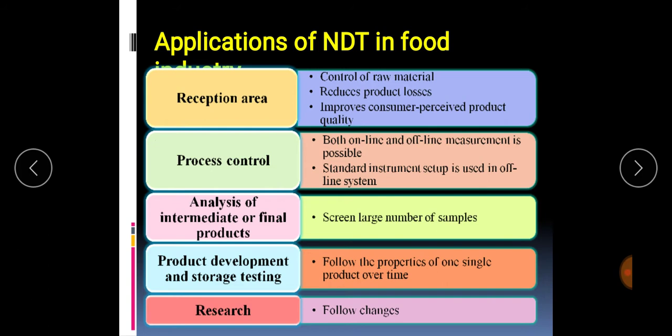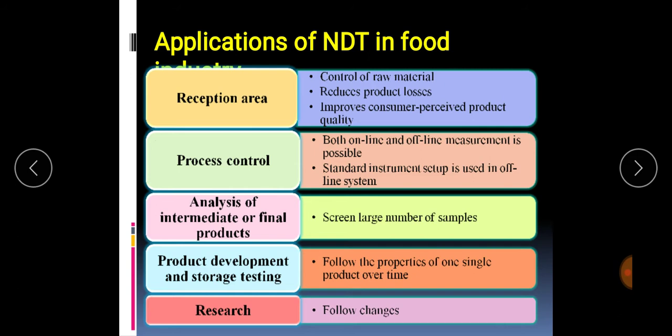Online means the production is going on and at the same time you are doing non-destructive testing and the product is identified as good. If it is good, the system will pass it, and if not good, it will be taken out by the machine.